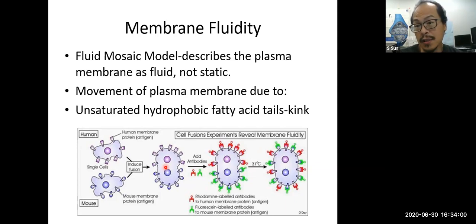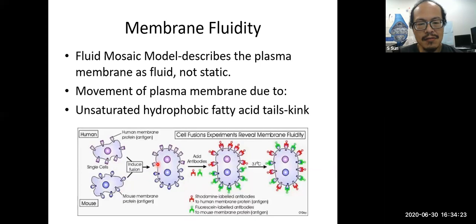Okay, so for example, if we have two cells and these two cell membranes merge, say one has a red antigen on top of it, and the other has a blue antigen.